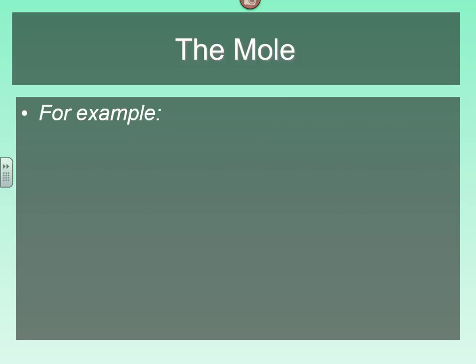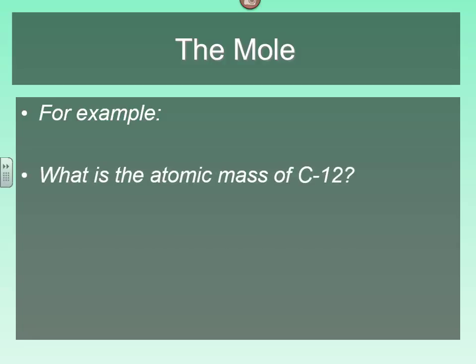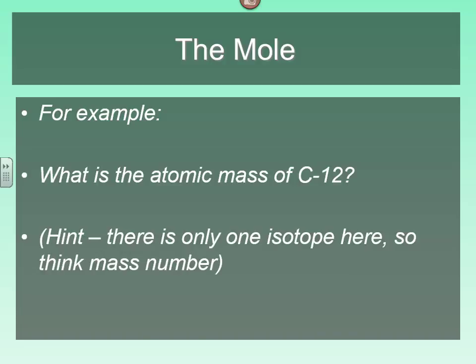The easiest way to understand that definition is to look at an example. If we take one isotope by itself of carbon, let's take carbon-12. What is the atomic mass of carbon-12? This is kind of a trick question, because if there's only one isotope here, the atomic mass is the mass number.